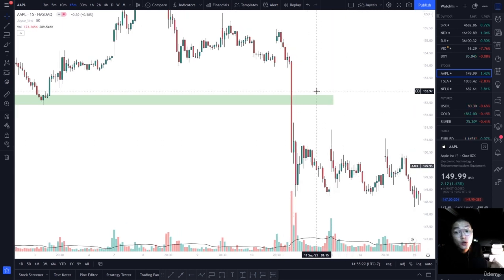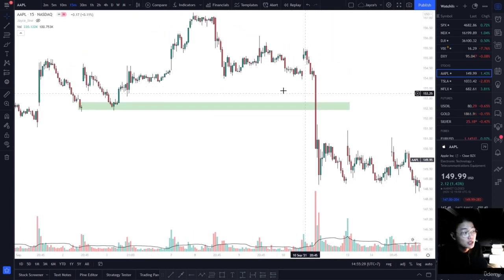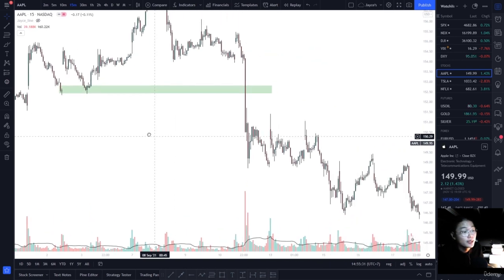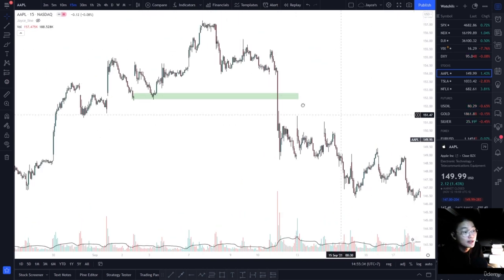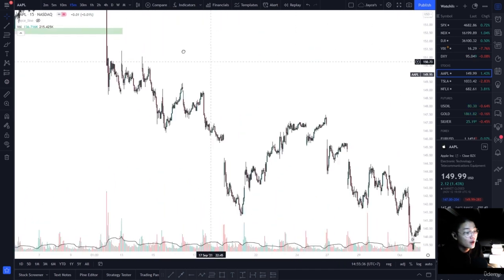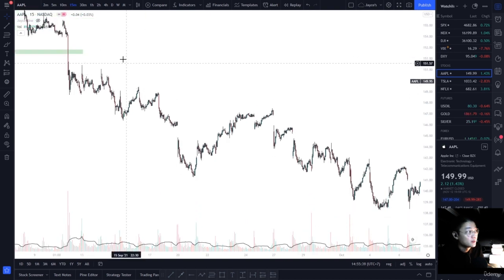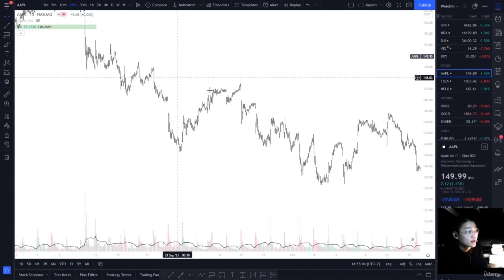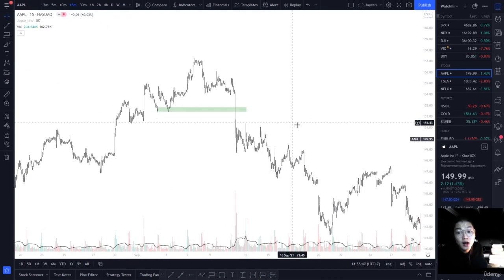Therefore, this is a real break. Therefore, the trend already changed from up movement to down movement. And you can see on the left side, price goes down very far from 150. Very far. This is how we use volume to confirm the price signal on the markets.